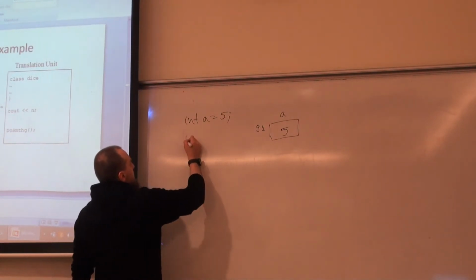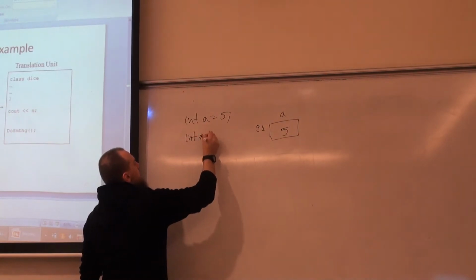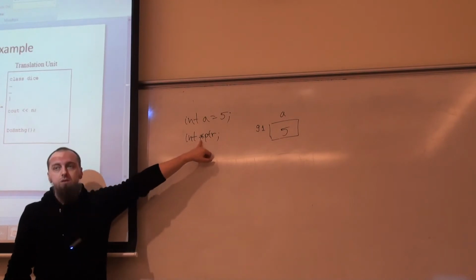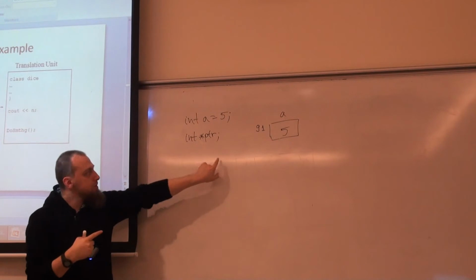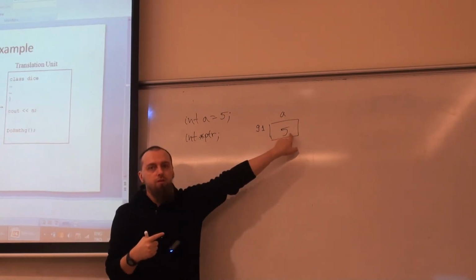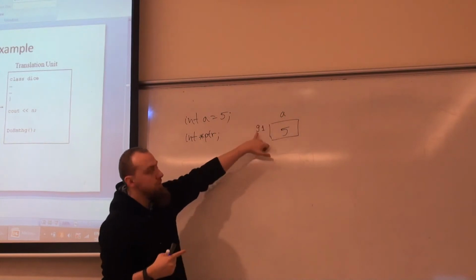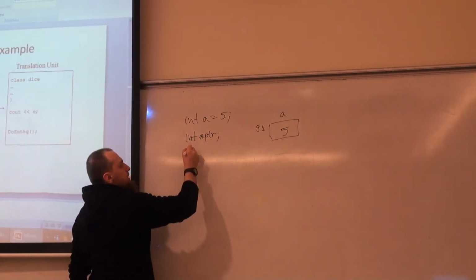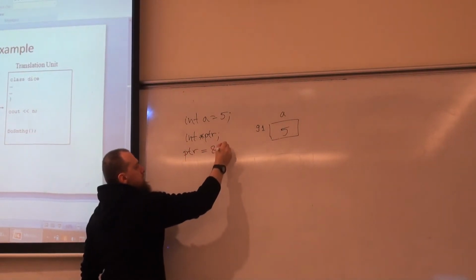If I say something like this, int star ptr, when you see this star, you should know that we are dealing with pointers. And pointers point to the address, not to the value. So a is 5. a is in the box 91. But this star ptr, I'll make it point to the address of a.